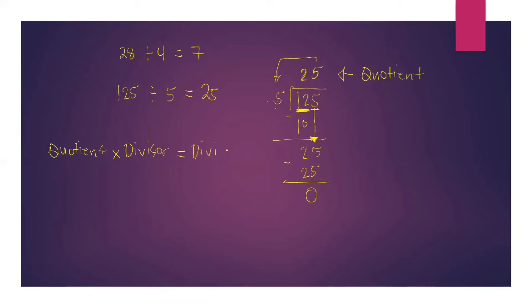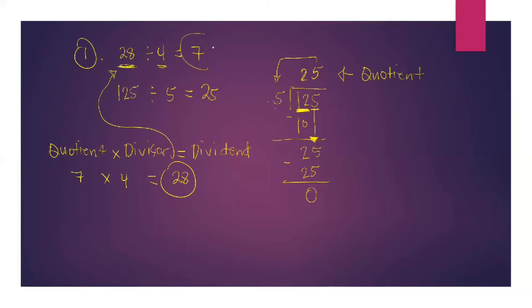Okay? Let's check it. So, yung quotient natin is 7, tama? Then, multiply daw natin sa divisor, which is yung 4. And then, dapat yung answer niya is yung dividend natin. So, 7 multiplied by 4 is 28. If you can see, same siya ng ating dividend. Therefore, it is correct. Yung quotient natin is correct.